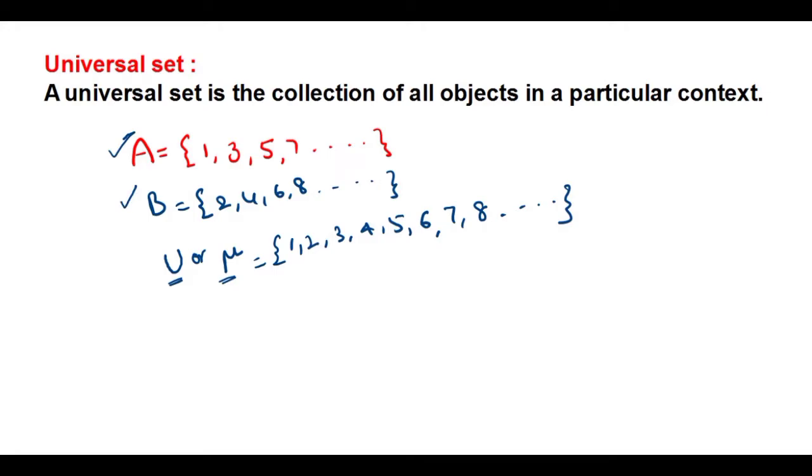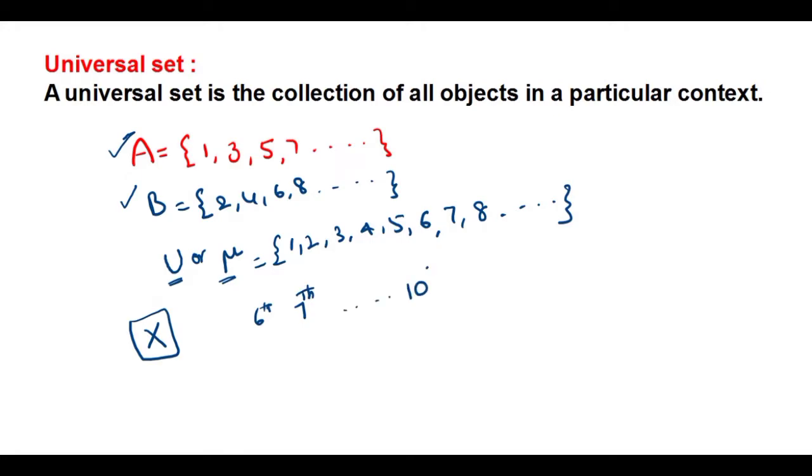One more example. For example, in a school we have different classes and different sections, right? Say the school name is X, and 6th students, 7th students, 8th students, and so on. Different classes' students are there.